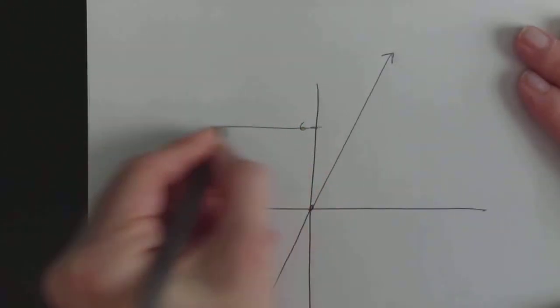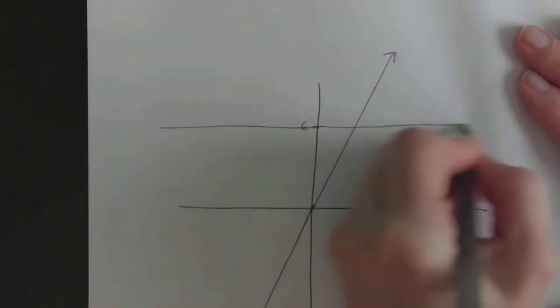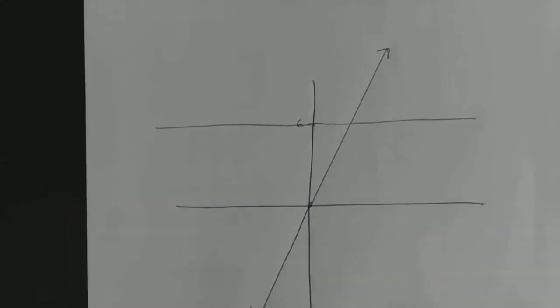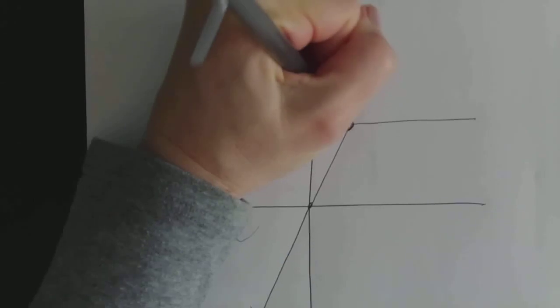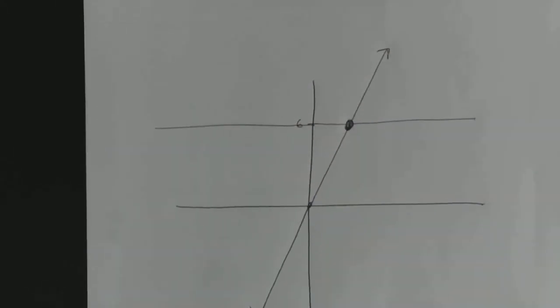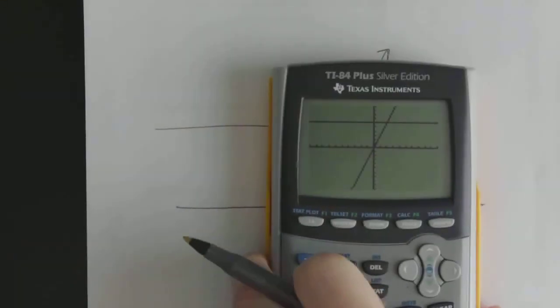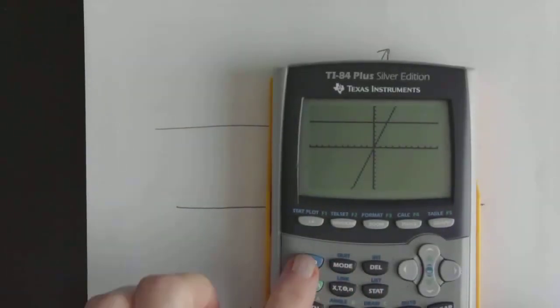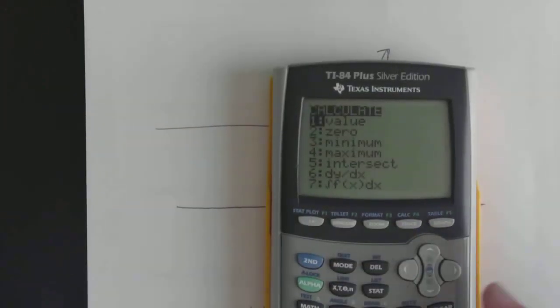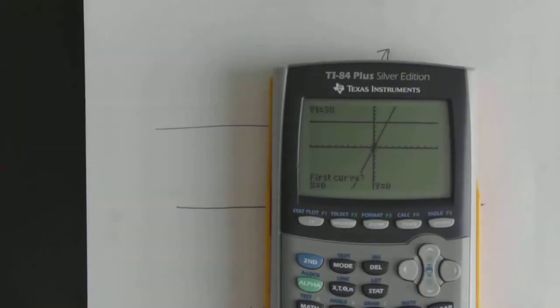And then y equals 6, which is the right side of the inequality. Let's say 6 is here. It is horizontal. Now, the first thing I want to know is that point of intersection right there. This is going to be the edge. So where do they intersect? Let's run second trace, number 5, intersect.